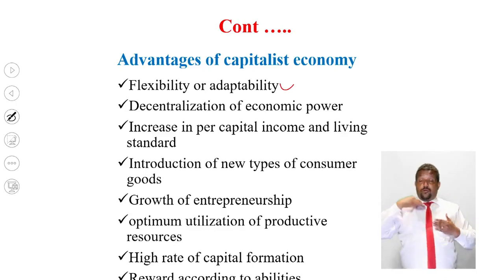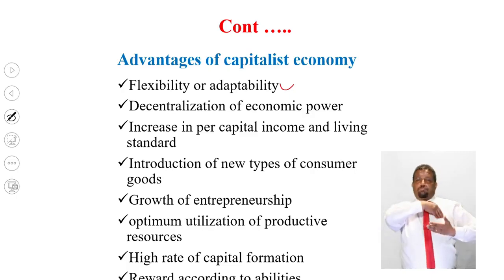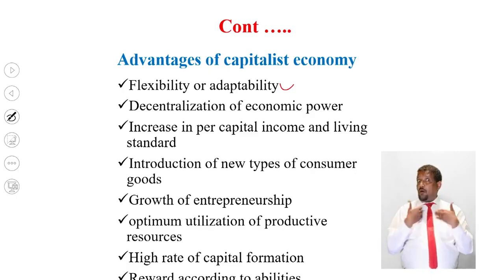One of the reasons why most of the world's countries are following the capitalist economic system nowadays is this good economic performance, because it increases per capita income and living standard of millions. The other advantage is the introduction of new types of consumer goods, which is motivated by entrepreneurs.